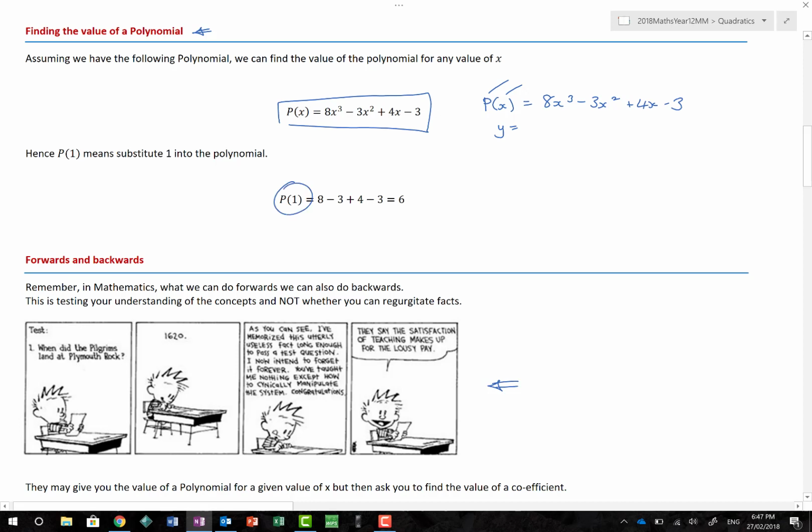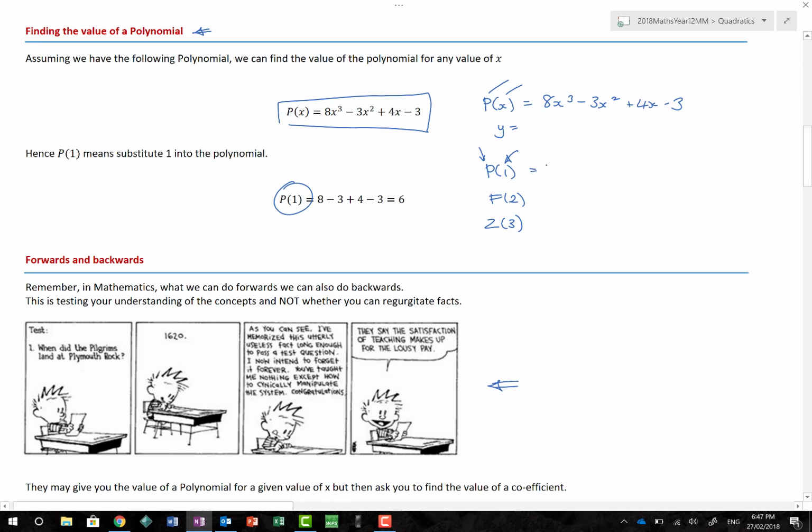The first year I taught over here in Australia, I have to say, an examiner's report suggested that students in my group had no concept of what this actually meant, or this, or this. They had no concept, sadly, of knowing that what it meant was substitute the value of 1 into the equation that is p of x.